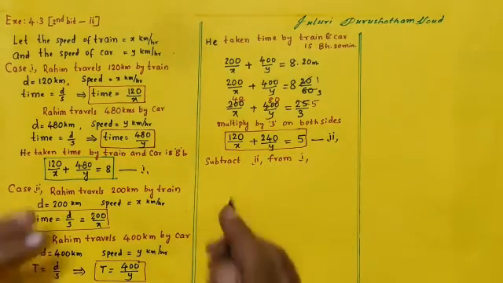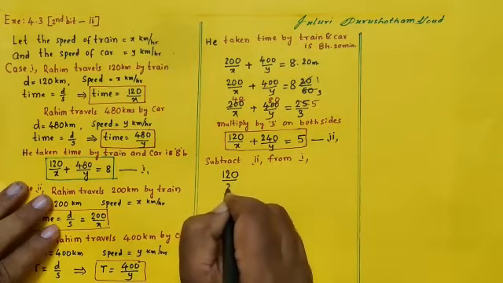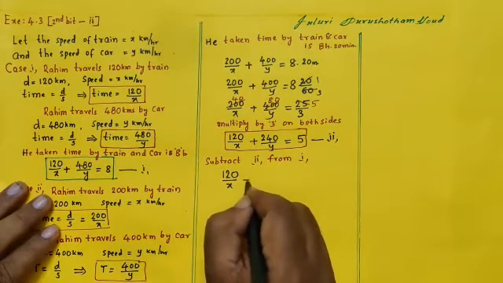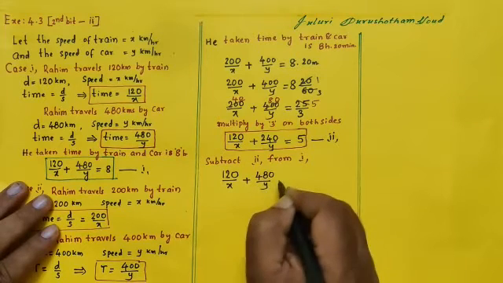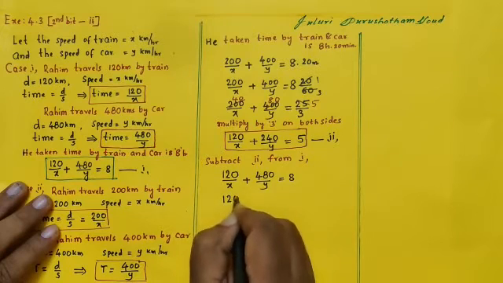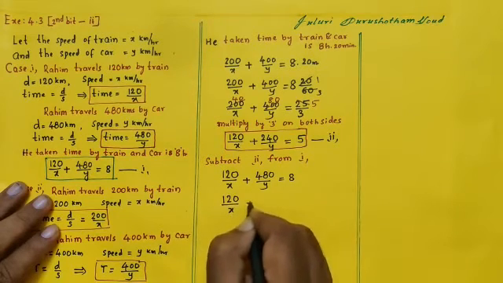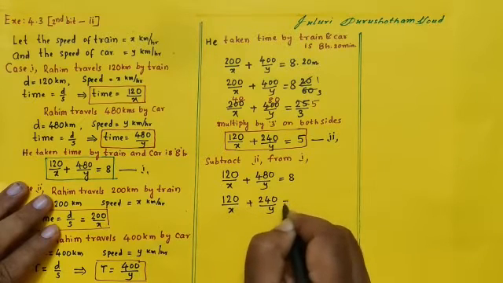Your first equation is 120 by x plus 480 by y is equal to 8, and the second is 120 by x plus 240 by y is equal to 5.